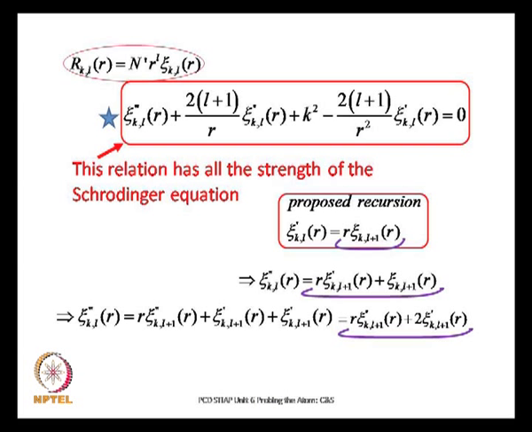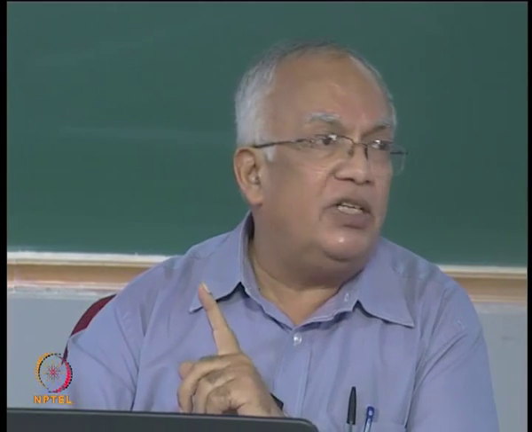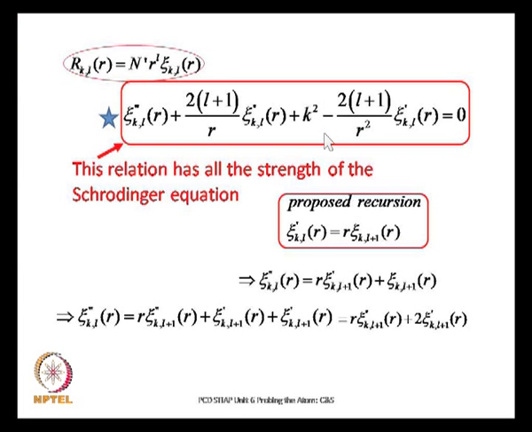So, if you did that, do you get a consistent result with the relation for xi prime? What do you mean by consistent relation? Because what you have in this red loop is the differential equation for the third derivative of xi, and there are terms in the second derivative and also in the first derivative, and the sum of these three terms with appropriate factors is equal to 0, right.